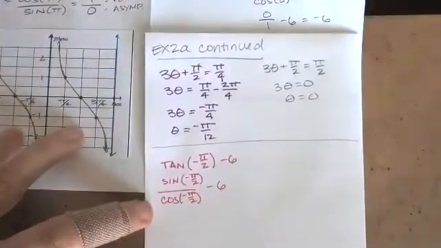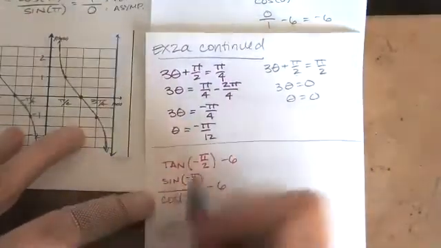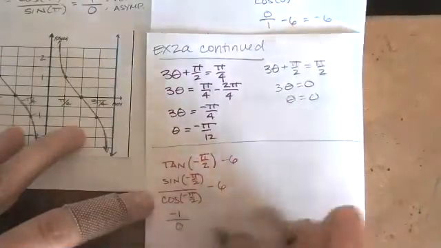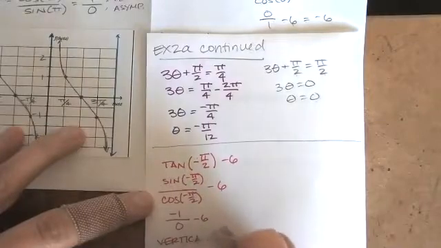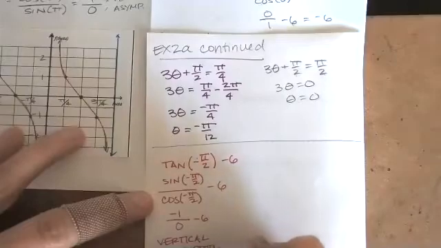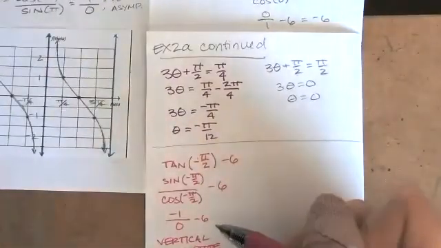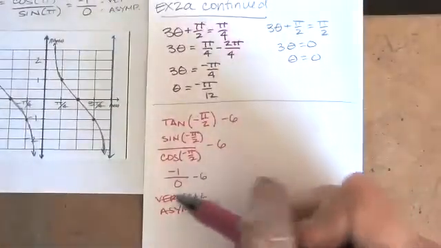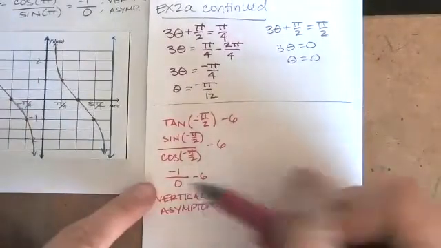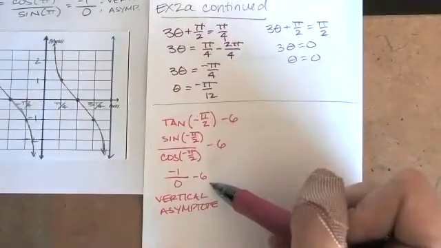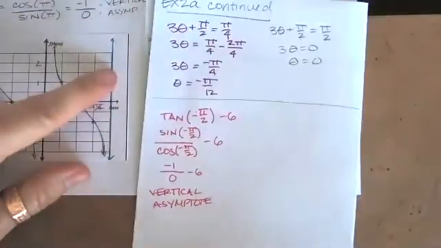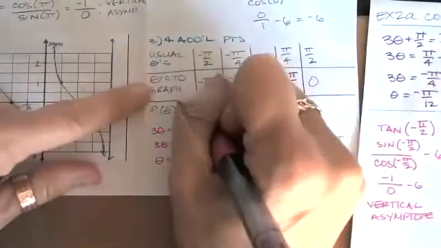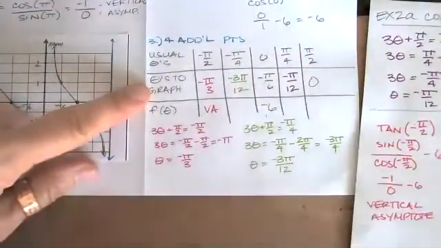Now keep in mind the sine will be -1, but the cosine will be 0. So that gets us a vertical asymptote, because this portion of the expression overpowers this portion. The -6 just gets washed away in the tsunami. You can think of it in that way. So this is a vertical asymptote here.